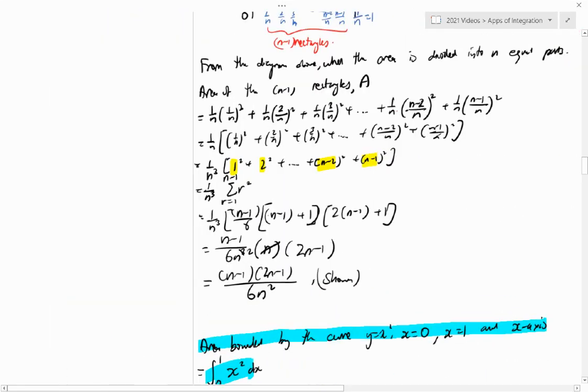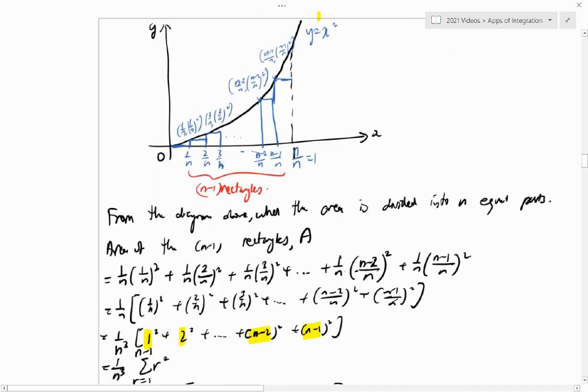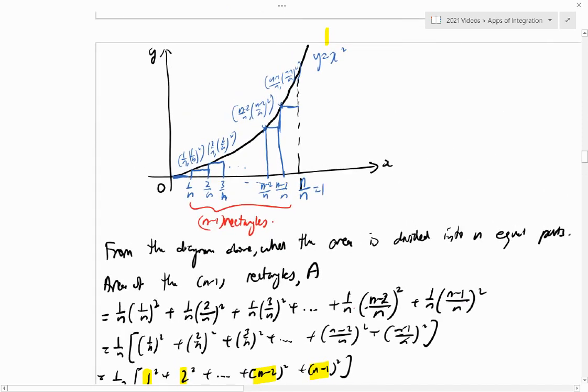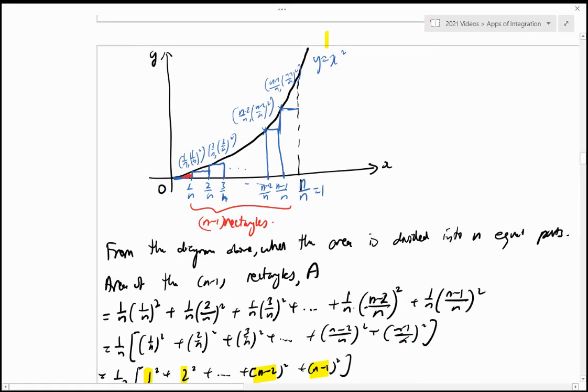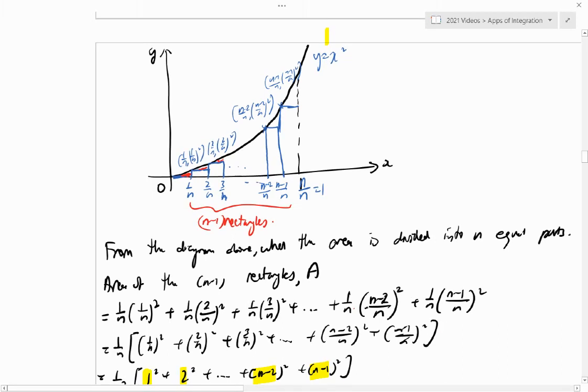Now, what do you notice about the rectangles and the actual area that you're covering? Notice that there is a lot of area which is not covered by the rectangles. So what can you say about the area of the n minus 1 rectangles compared to the actual area that is covered by integrating x squared dx from 0 to 1?